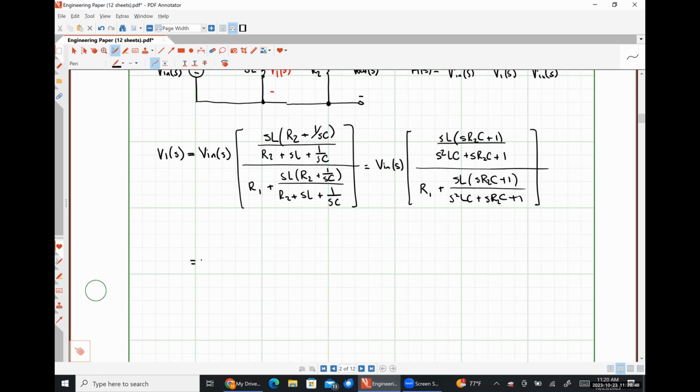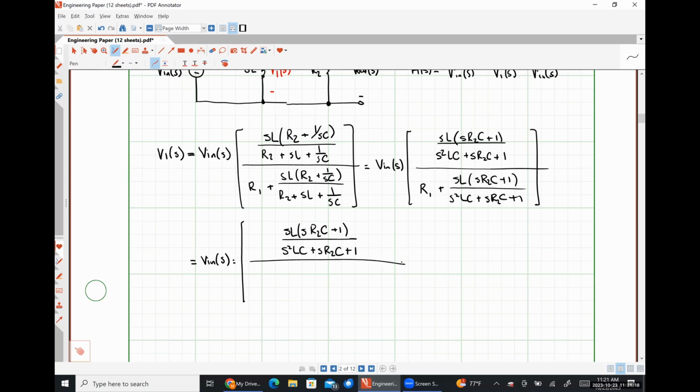So this would be Vn of S is equal to, my numerator is going to stay exactly the same, SL times (SR2C plus 1) divided by (S squared LC plus SR2C plus 1).